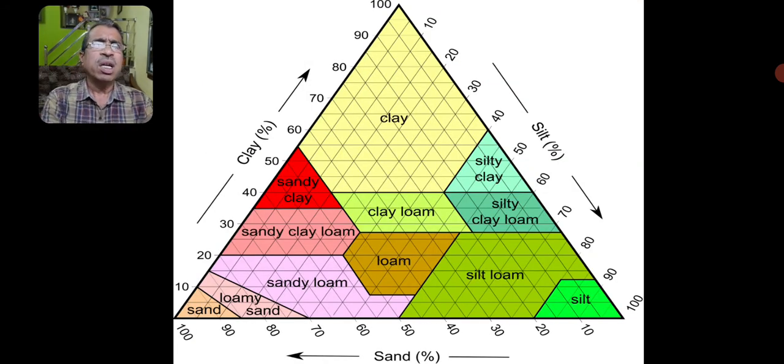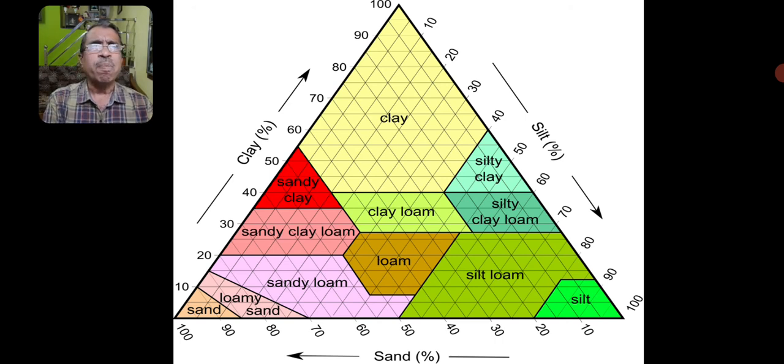So this is the triangle which I told you about earlier. This triangle contains the percentage of clay, percentage of silt, and percentage of sand. And in India, we have 12 types of soil.